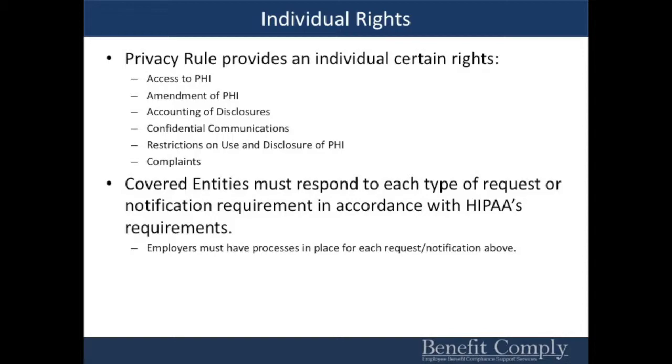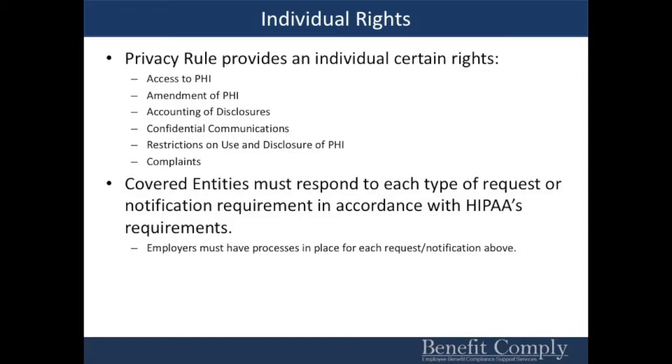All right, so we've spent some time on use and disclosure rules for PHI, but another important part of HIPAA privacy is understanding what rights individuals have with respect to their own PHI. At a high level, individuals have the right to access their PHI, to amend their PHI, to receive accountings of disclosures of their PHI, to request restrictions and confidential communications of their PHI, and to make complaints about how the health plan uses and discloses their PHI.